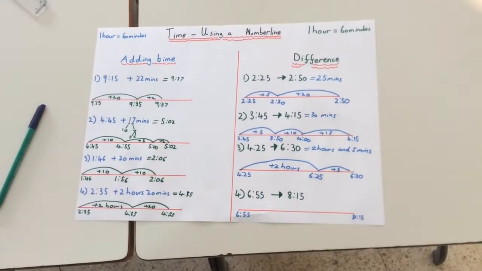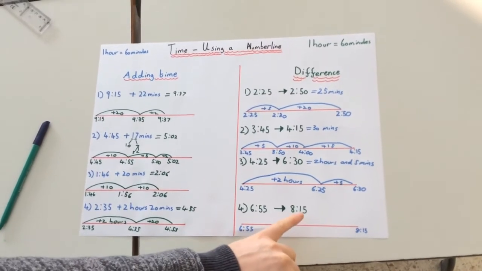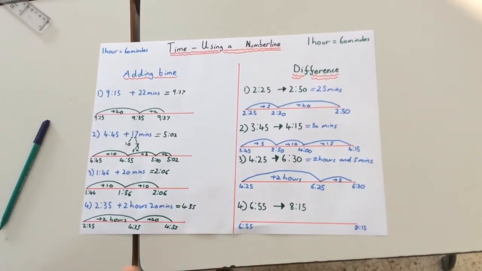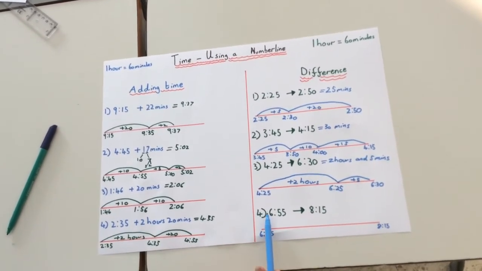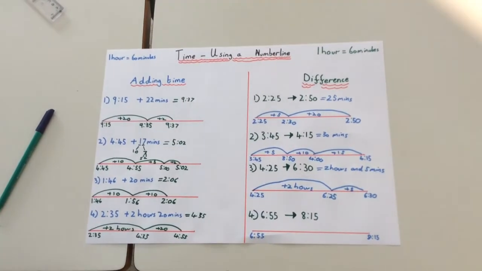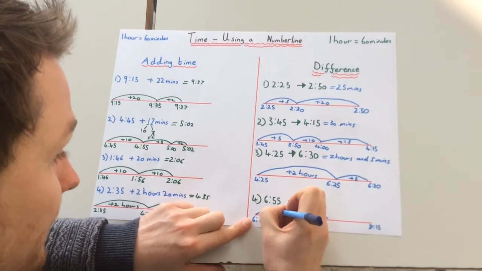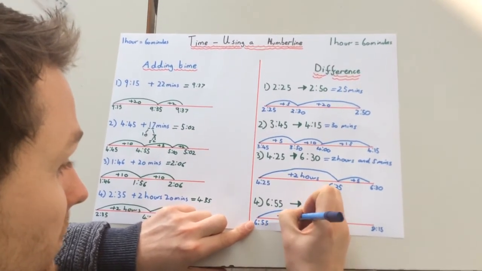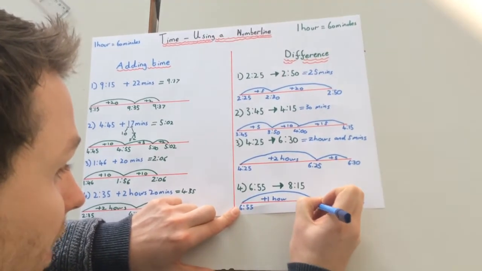Now the final one is a bit difficult. We're at school very late, it's 6:55, and then I finish at 8:15. What's the difference between there? Well, I can see if I added 2 hours and made this 8:55, it's going to be too much. So I'm just going to add 1 hour, because that will get me to 7:55.